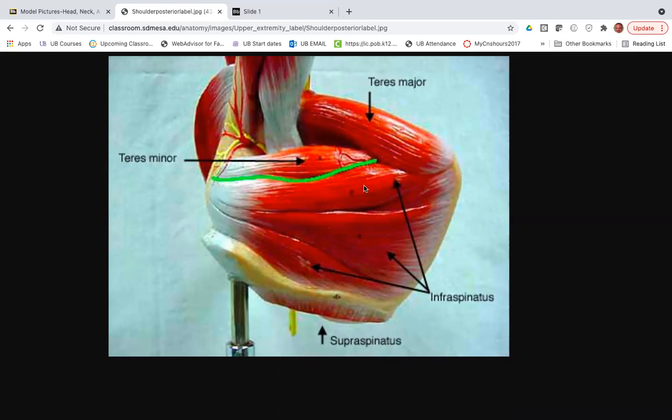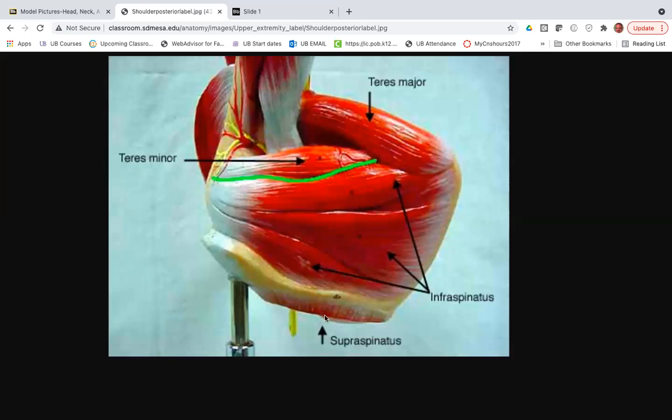And these three arrows right here indicate the infraspinatus muscle. Now, just inferior, yes, I agree, it's superior in the picture, but anatomically speaking, inferior to the infraspinatus, you see this green line right here, there's going to be the Teres Minor muscle.